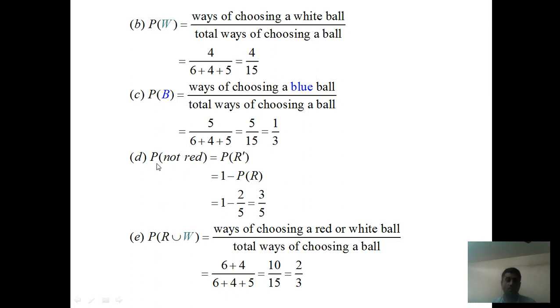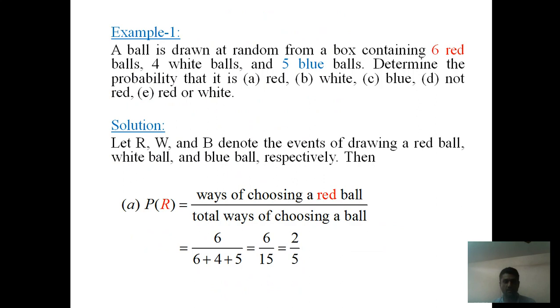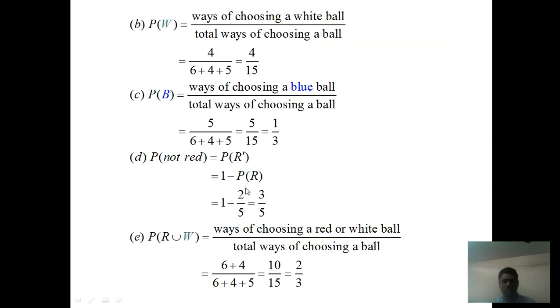The probability of not red: we know that R stands for red, so R complement is not red, and we use the properties of probability. The probability of R dash is 1 minus the probability of R, and the probability of R we have seen here is 2 by 5. So 1 minus 2 by 5 gives 3 by 5.